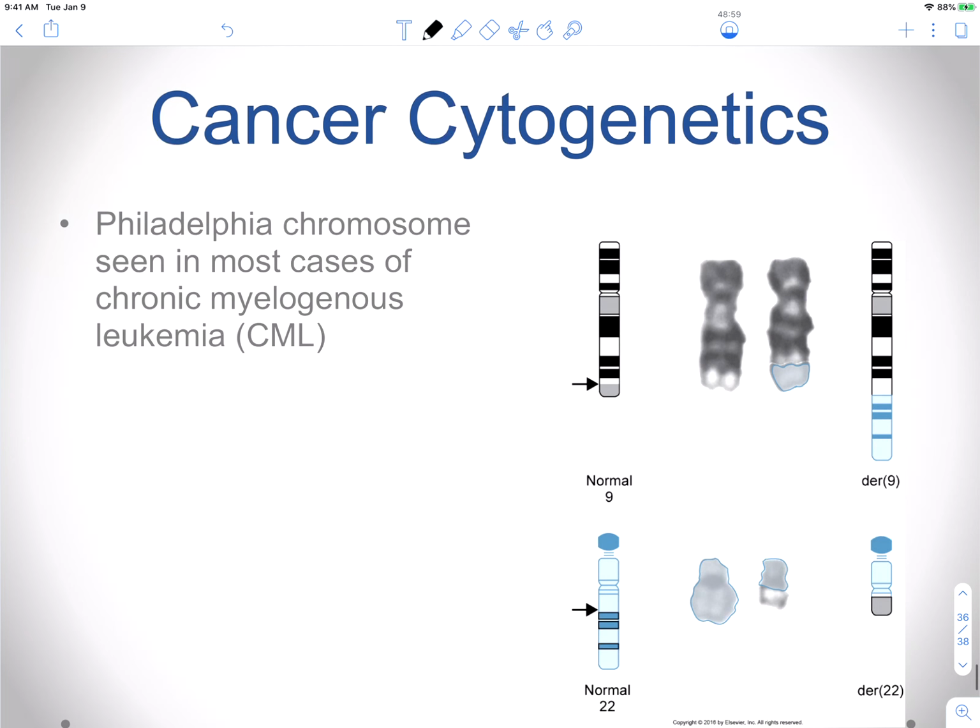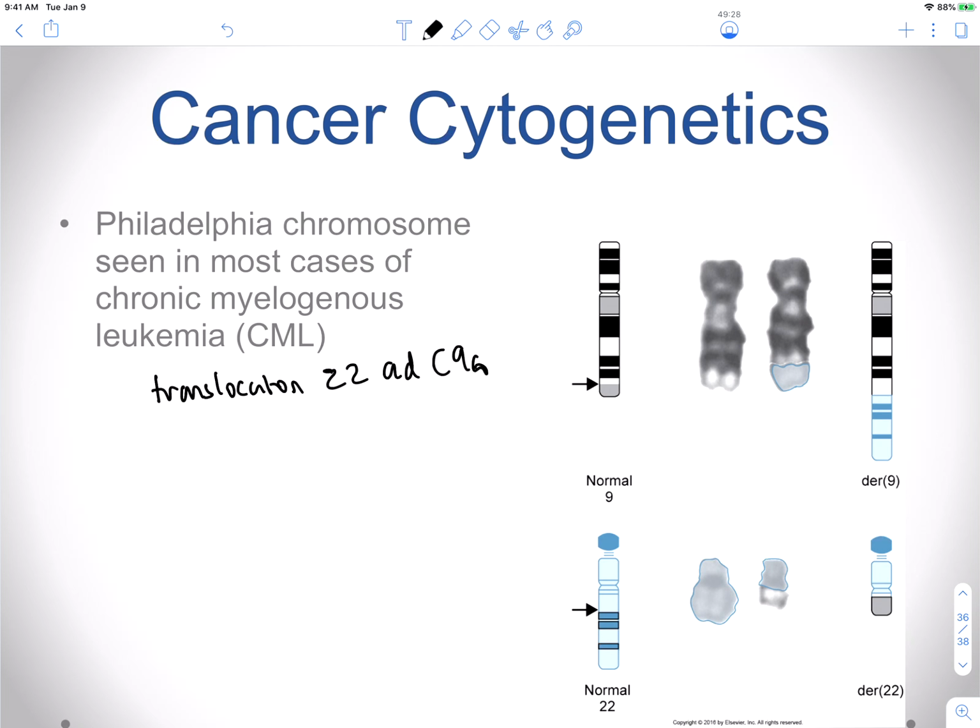All right, just really quickly going through some cancer. With respect to cancer cytogenetics, you have a Philadelphia chromosome, and the Philadelphia chromosome is a reciprocal translocation between chromosomes 22 and 9q.